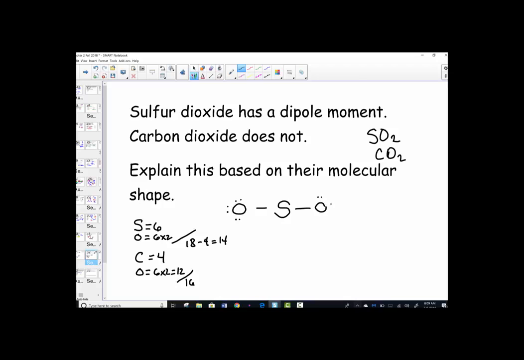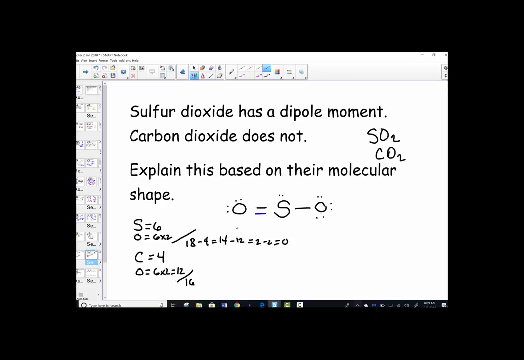One, 2, 3, 4, 5, 6. That used up 12. There are 2 left. Therefore, we place them on the central atom. That gives me no electrons left. However, we see sulfur is not finished in terms of an octet. So I'm going to take one set of the electrons from either oxygen and make a double bond.